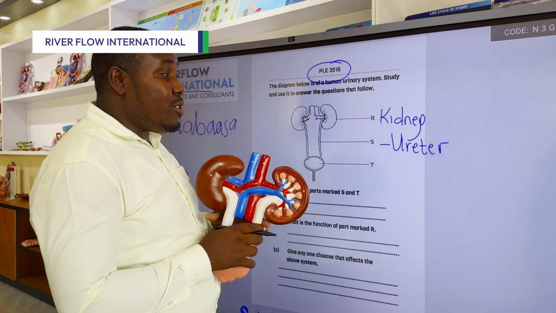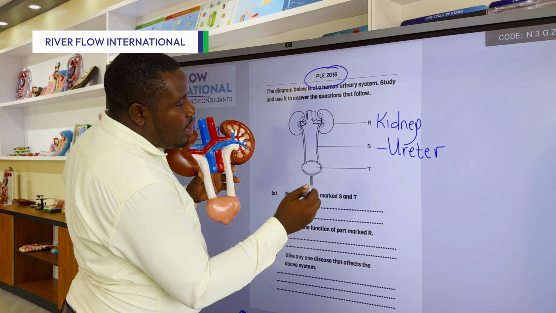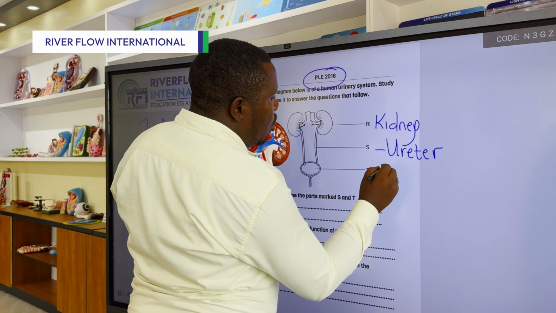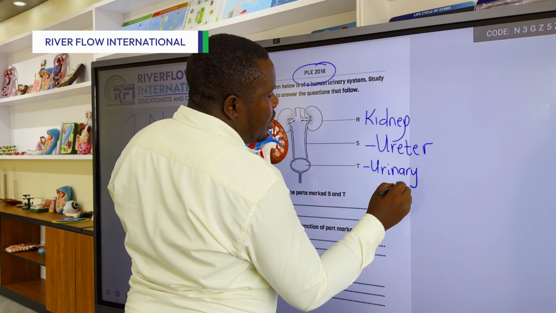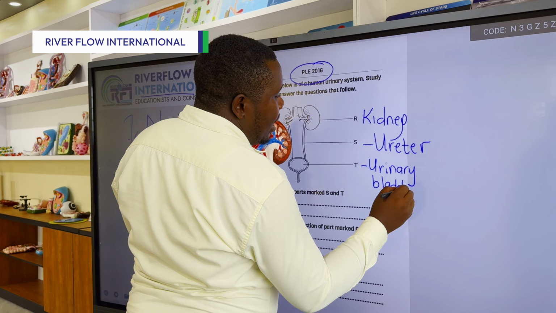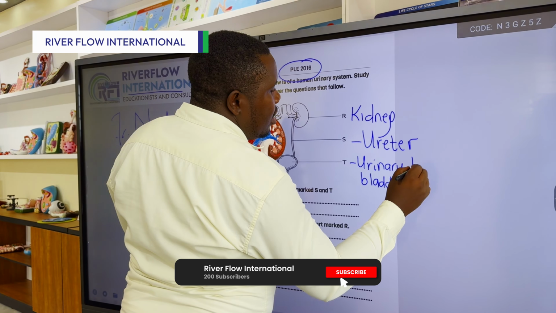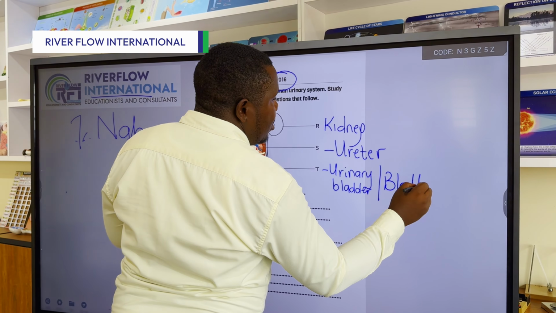And urethra is in the reproductive system, not in excretory system. And then we have this one, which we call a urinary bladder.